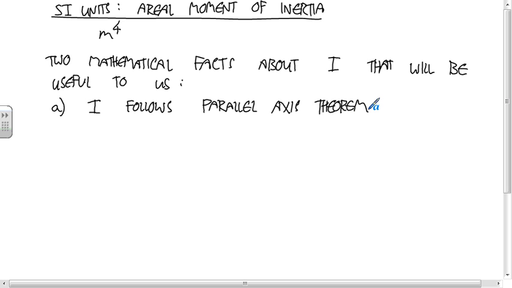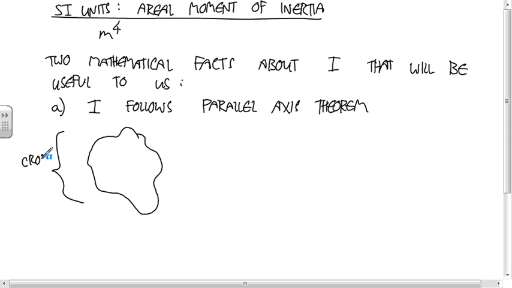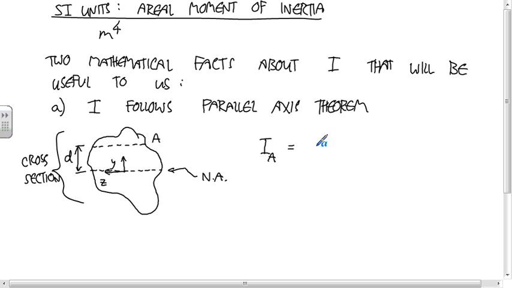The parallel axis theorem says, if this is your cross section, and this is the neutral axis, and say that you want to calculate the moment of inertia about this axis, that's a distance d from the neutral axis, then the moment of inertia about A is equal to the moment of inertia about the neutral axis plus A d squared.